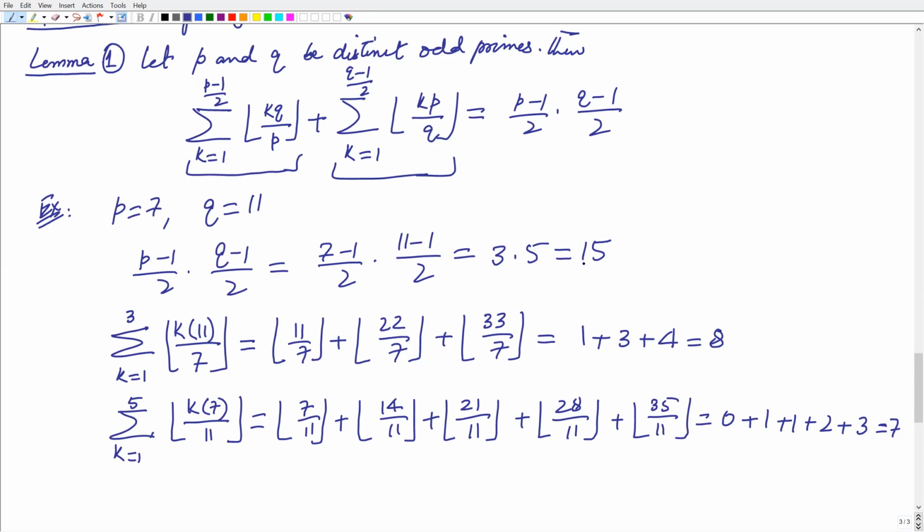Okay. So why do we compute the floor function? Because if we look at 11k over 7, or here 7k over 11, we can sketch a line.